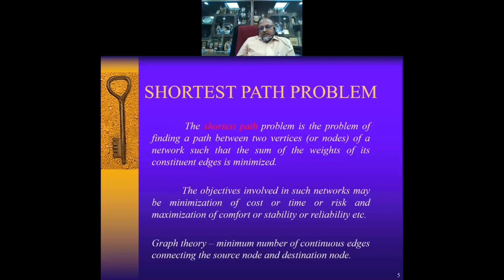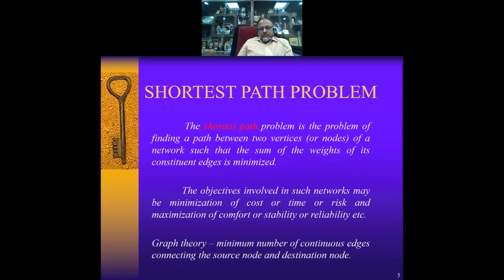In today's discussion, I am going to concentrate only on the shortest path in a network. What is a shortest path problem? The shortest path problem is the problem of finding a path between two vertices, or in a graphical sense, two nodes of a network, such that the sum of the weights of its constituent edges is minimized.